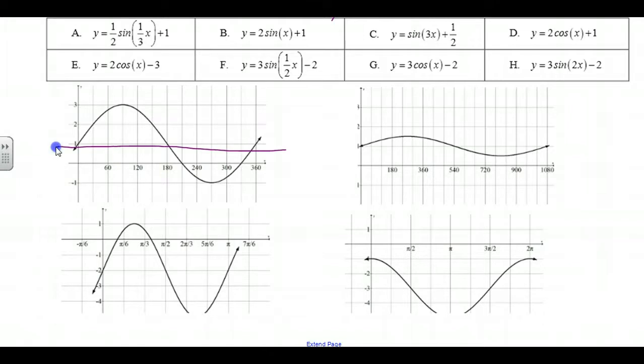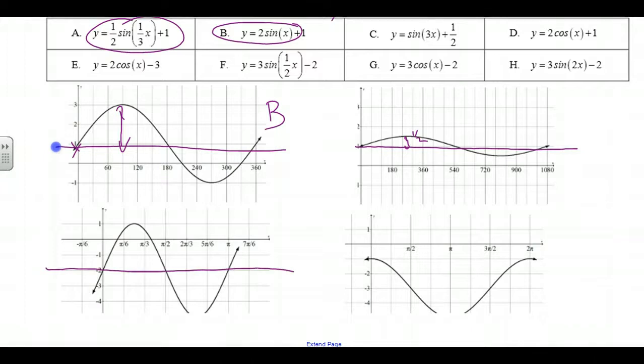Okay, so midline of 1, amplitude of 2, sine function. This is B. Midline of 1, amplitude of 1/2: A. There's also a period of 1080, but midline of -2, amplitude of 3.